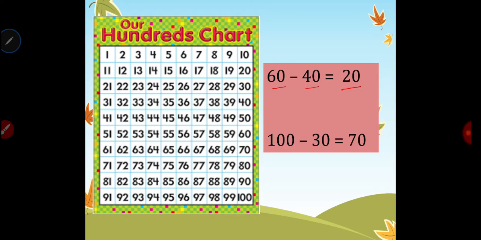When you move down, you will add 10. That's why you can see 2 means 20. When you move down, you will see 3 means 30. Why? Because you add plus 10. You will move down again.